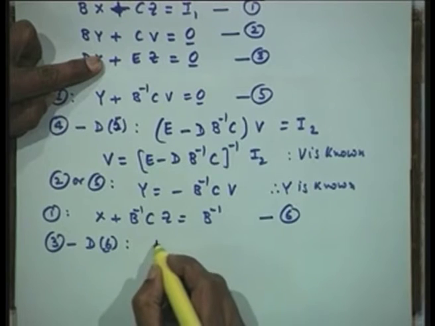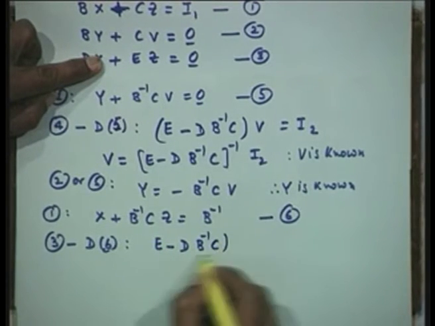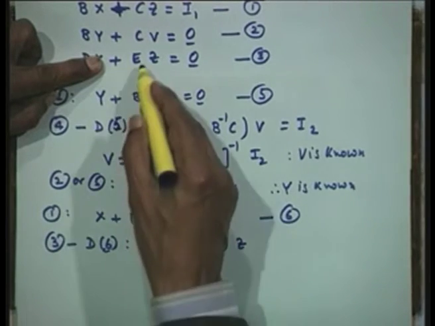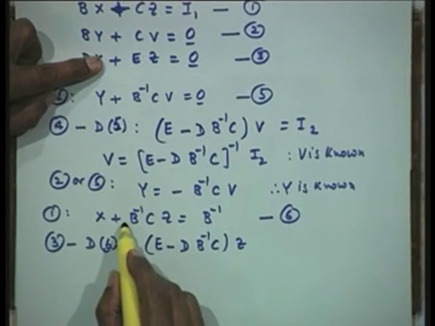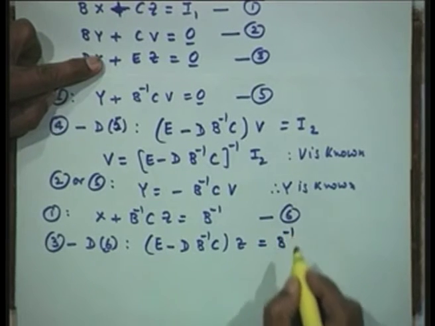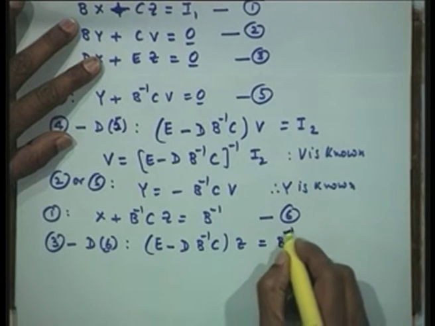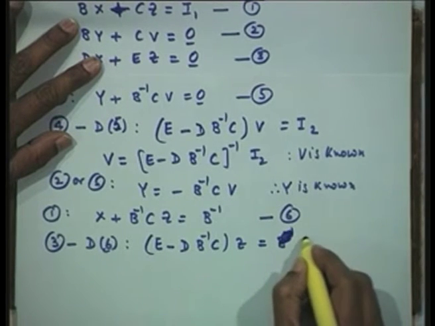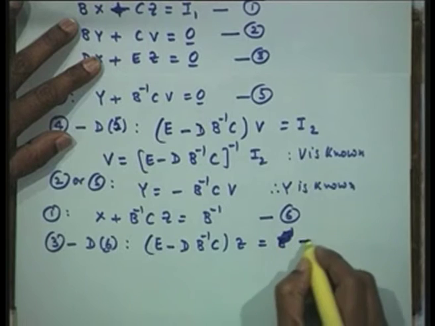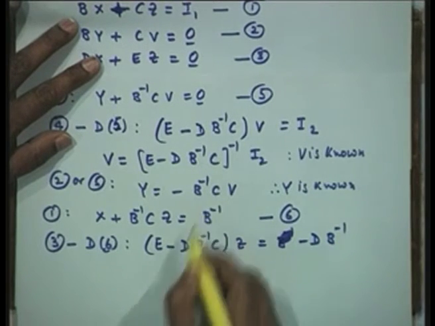So what I will again have here is E minus dB inverse C of Z, that is your E here. I multiplied this by d, dB inverse C, that is equal to minus dB inverse. We multiplied by d and subtracted.